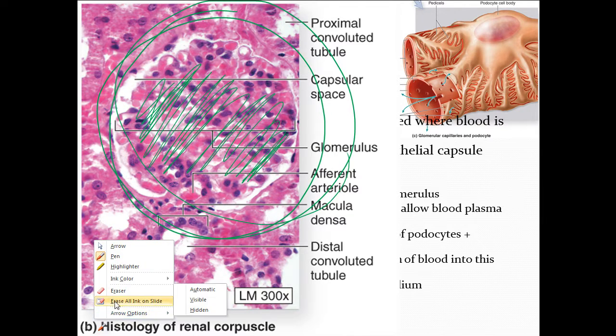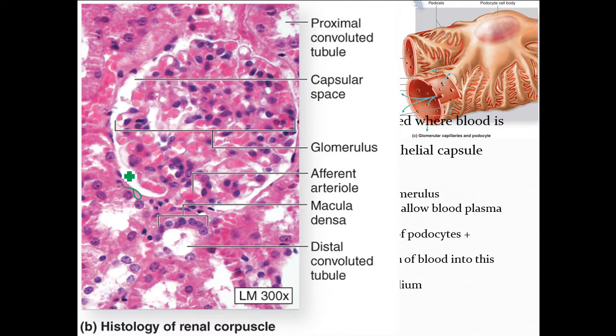And then when we talk about this specific part of the glomerular capsule, it is not the visceral, but the parietal layer. This space that you see here is called the capillary space. Capillary space.